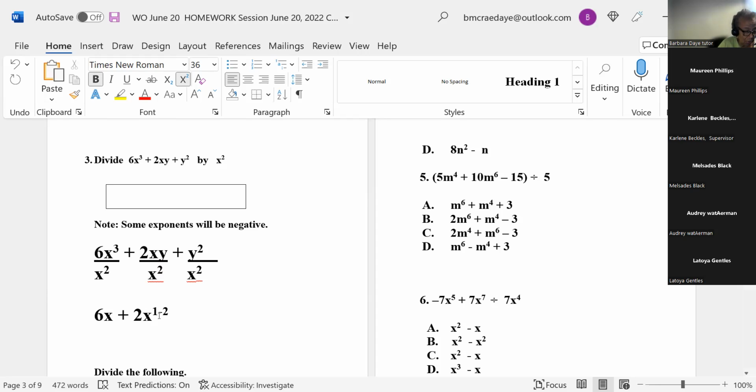Okay, so this becomes, and I'll just put this, okay. When we copy it, let's leave it right there. And then when I put it on the next line, I'll put the negative. Okay, so what do you get for the second one? Y to the second divided by x to the second. I get y to the second.